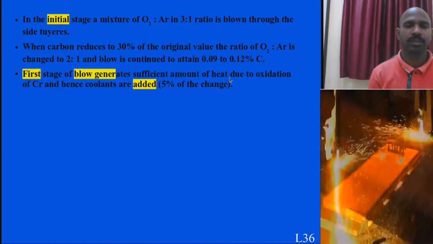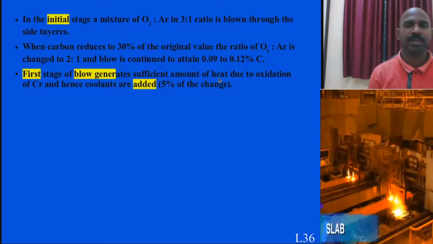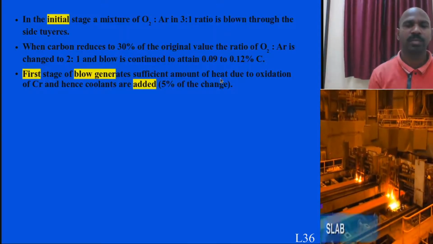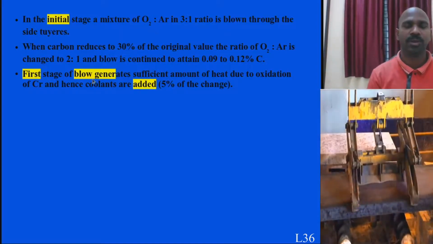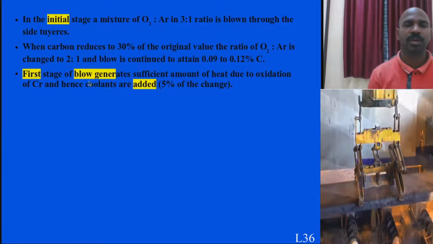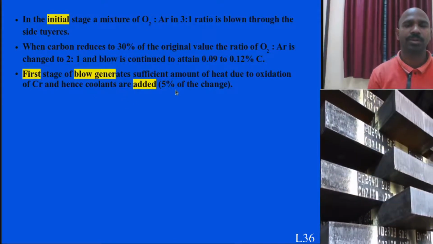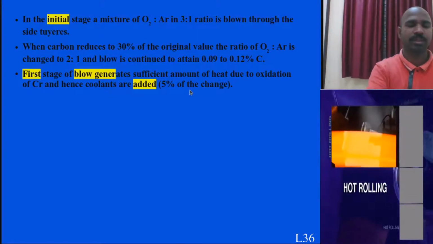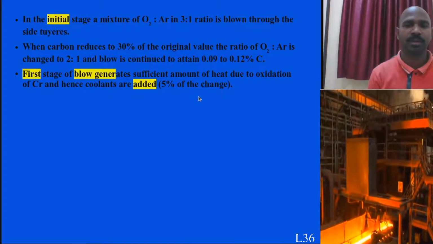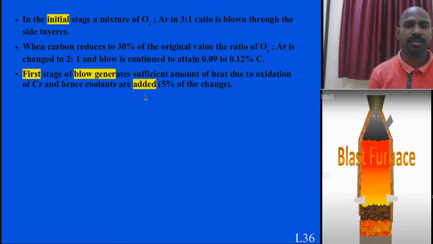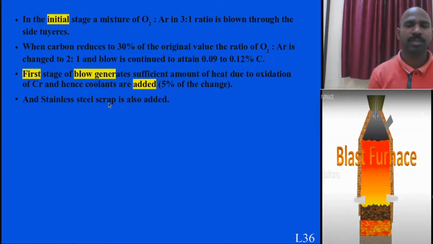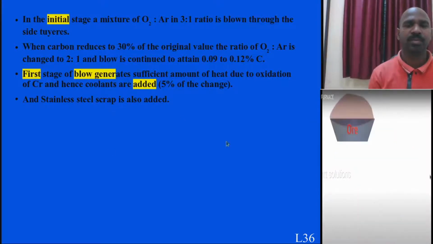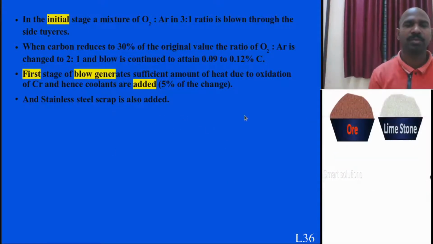And in the first stage, due to the heat, a sufficient amount of heat is generated, and you can add some alloying additions, which act as a coolant. Around a 5% charge change takes place. You can also add some amount of stainless steel scrap based on the composition analysis calculation in between.